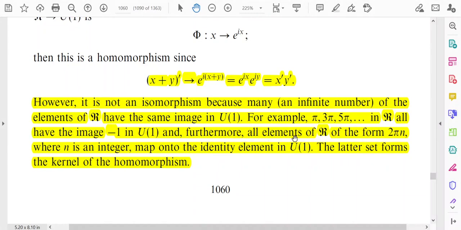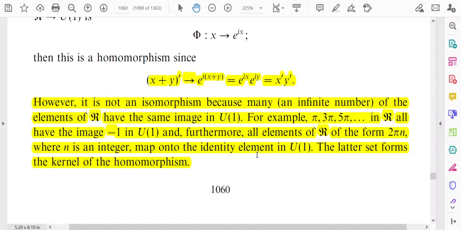Furthermore, consider all elements of R of the form 2 pi n, where n is an integer. For all elements of the form 2 pi n, for example 2 pi, 4 pi, 6 pi and so on, the image in the group U1 will be the identity element 1.